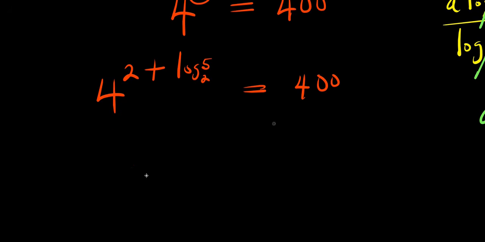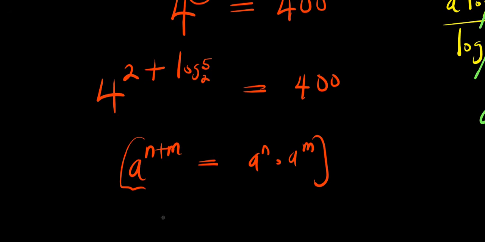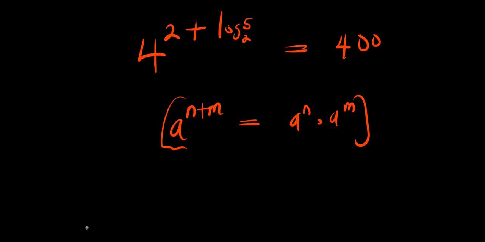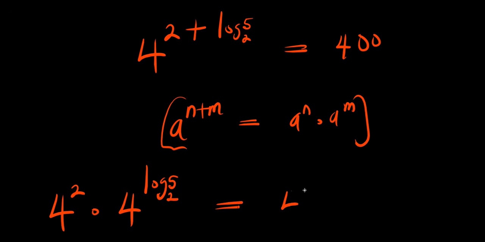Now, if you have a power m plus n equals a power m times a power n, so what we are going to have is 4 power 2 times 4 power log 5 to the base of 2 equals 400.